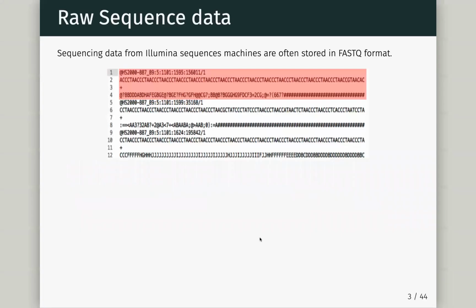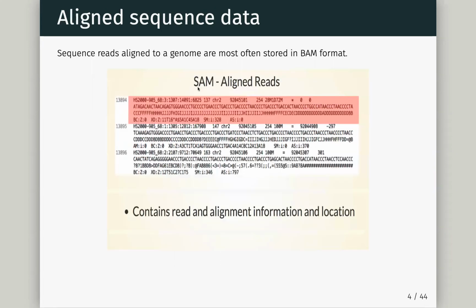As I just said, we've seen the data in FASTQ format. We have a read name, sequence, and then Phred score. That's everything we really need to go and do an alignment. Once we've aligned our data, we have our records as a SAM file, the binary being a BAM file.